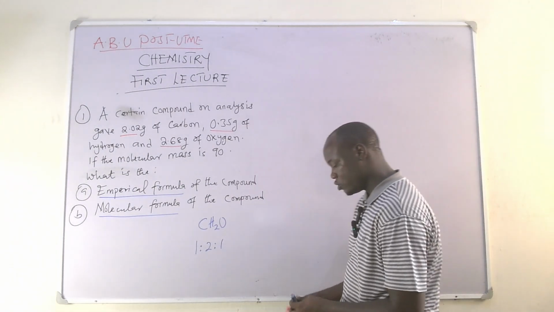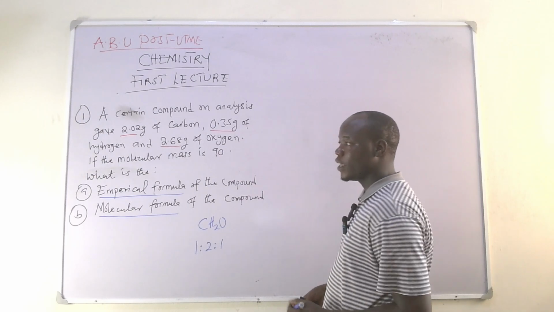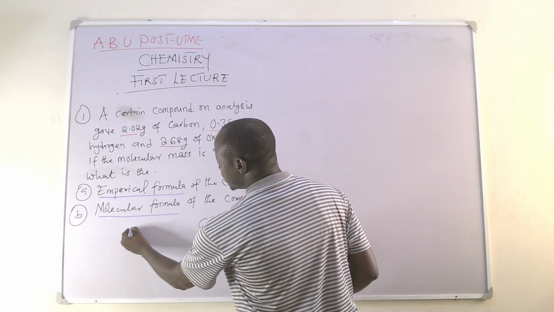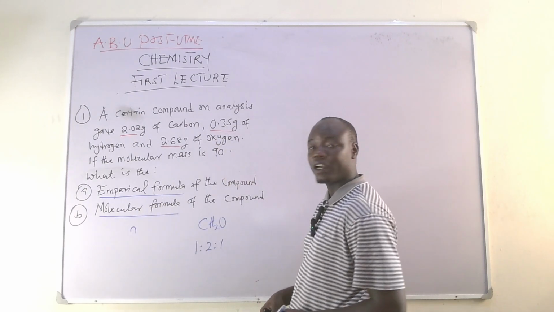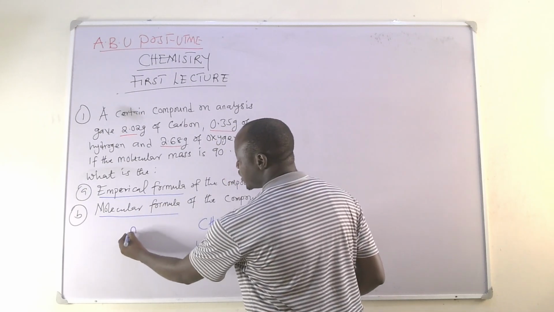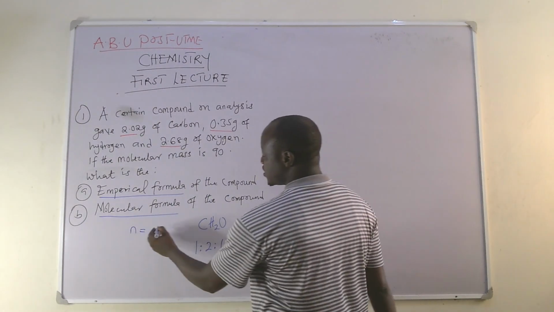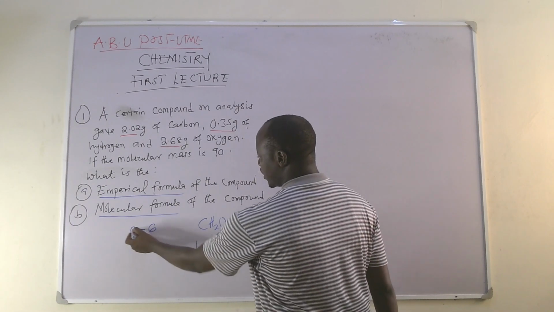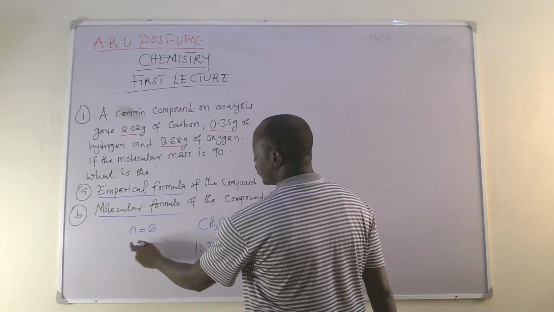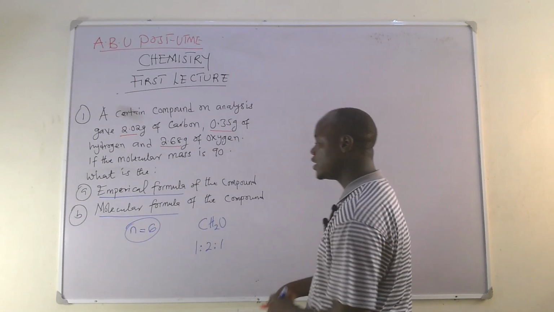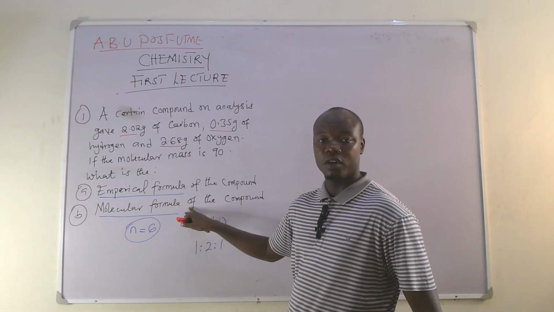And of course, to know the exact number of elements, we usually calculate n from the empirical and molecular formula. This n usually comes as a whole number. Let's say here it is 6. If we are able to get our n to be 6, we can simply calculate the molecular formula of the compound.